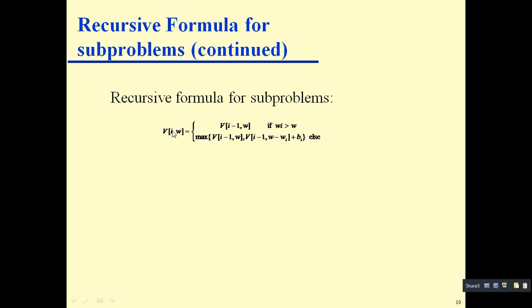For example, i equal to 0 means we are selecting no item. i equal to 1 means we can select item 1. i equal to 2 means we can select item 1 or item 2 or a combination of both. If we take i equal to 3, we can select either 1, 2 or item 3 or any combination of 1, 2, 3, like that.